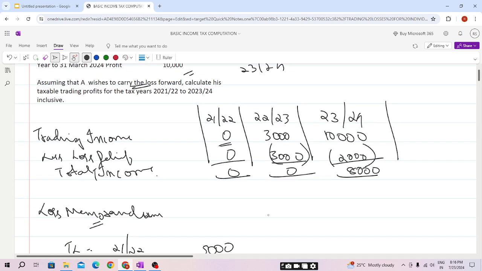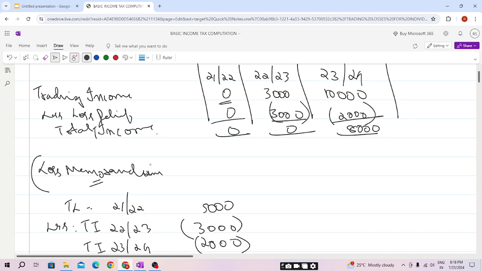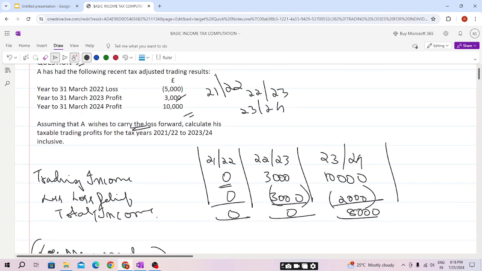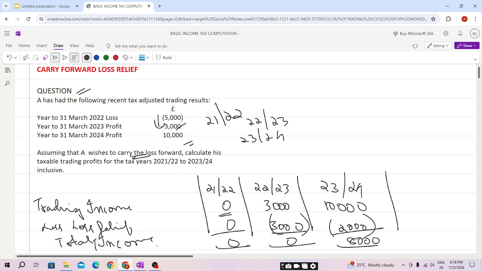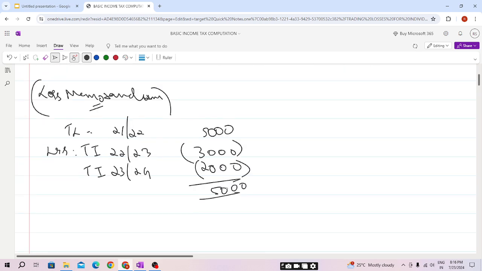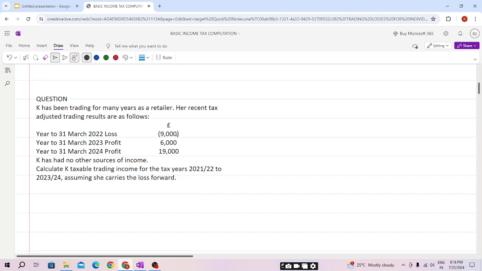It gives details regarding in which tax year it was claimed first, whether it was claimed from trading income, total income, or other incomes. The main point is that the carry forward loss relief will be set off against the trading income, trading profits. No partial claim is allowed, it is the first available trading profit, and it can be carried forward for an indefinite period of time.